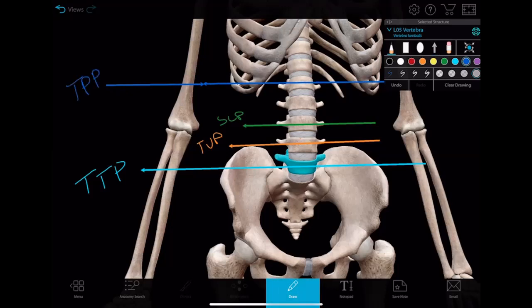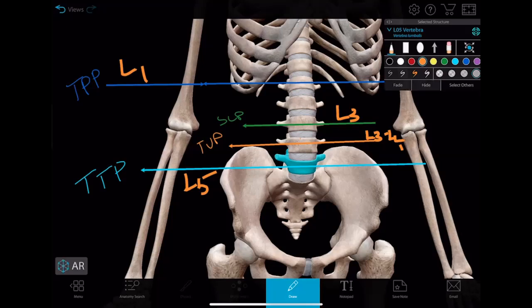So let us do one thing. This is L1. Subcostal plane is L3, right? Transumbilical plane is between L3 and L4, whereas transtubercular plane is L5. Okay, so these are the planes, right?